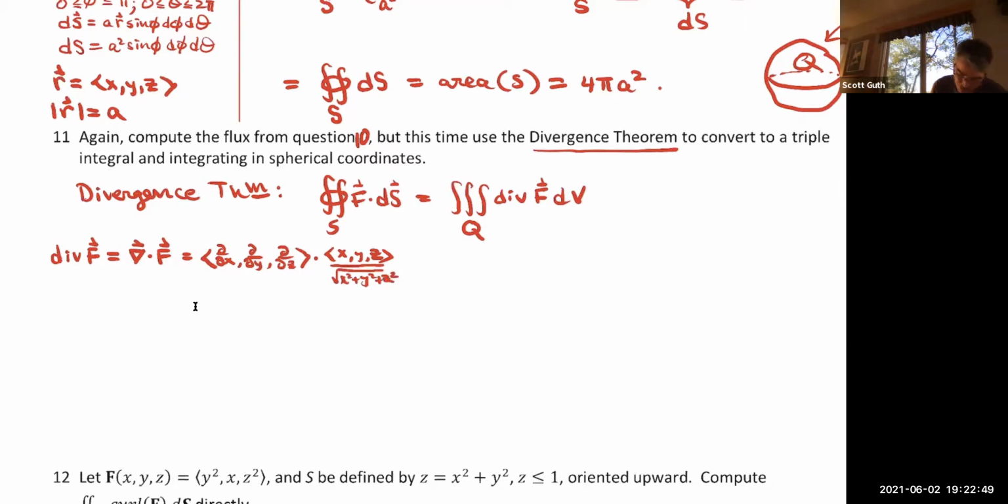I'll just do this much for you. The partial with respect to x of the first component, which is x over the square root of x squared plus y squared plus z squared. You guys are all experts at integrals. This ends up being y squared plus z squared over x squared plus y squared plus z squared to the 3/2.